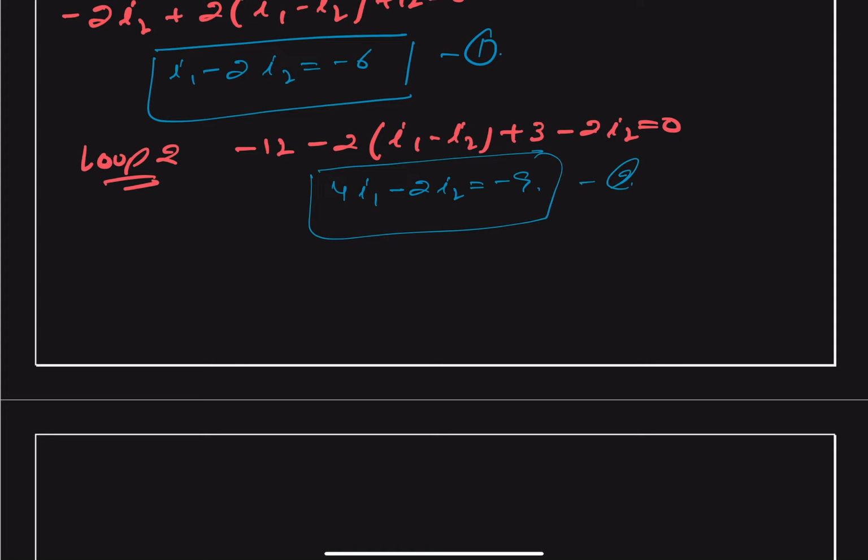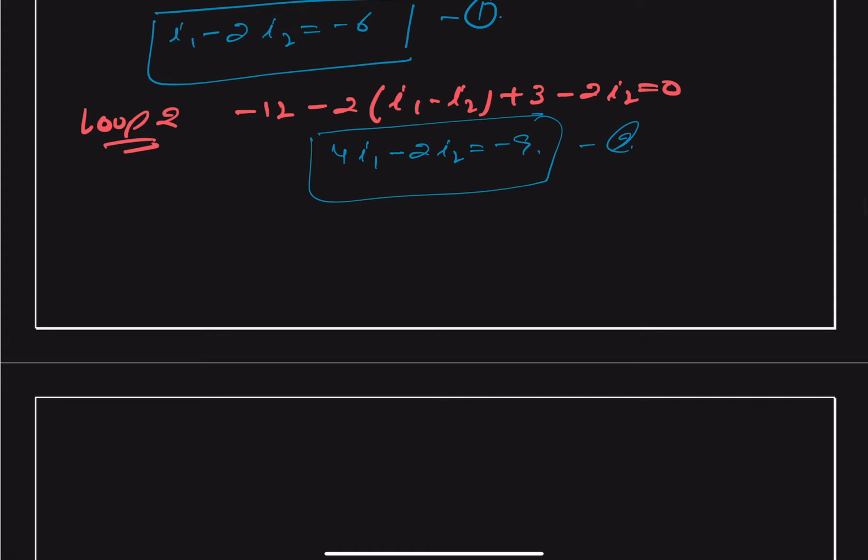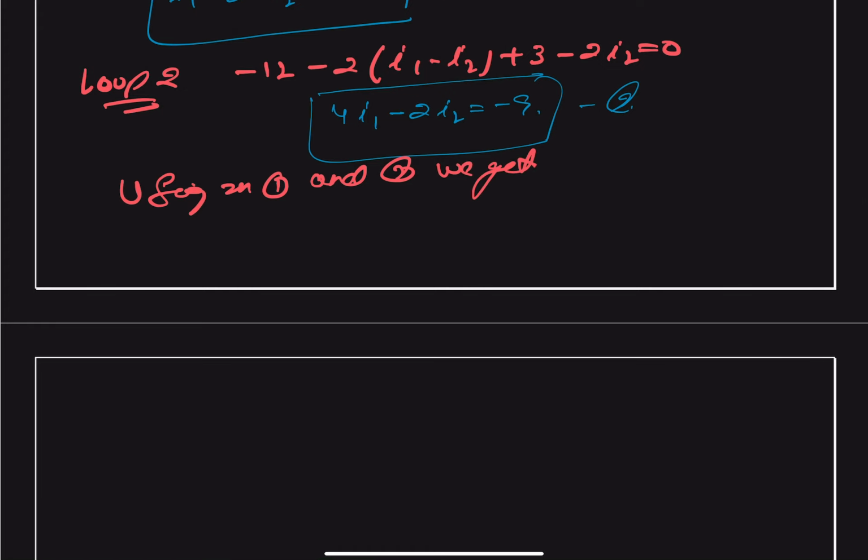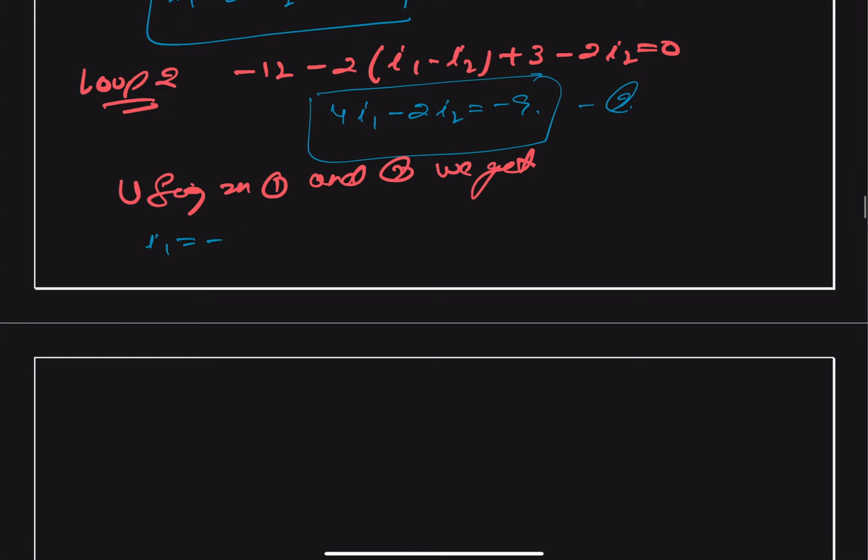Now these are two simultaneous equations, so solving equations 1 and 2, we get I1 equal to minus 1 ampere and I2 equal to 2.5 amperes.